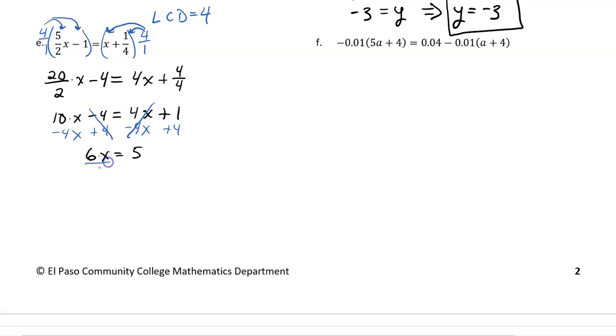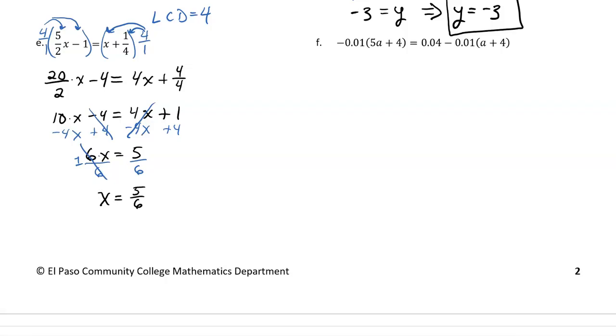And then we undo that multiplication, which, by the way, won't always be a multiplication here. Sometimes if you have a fraction, you may want to multiply to get rid of the fraction. It just so happens that our examples have been that way, but it won't always be that way. So it looks like my answer is 5/6.